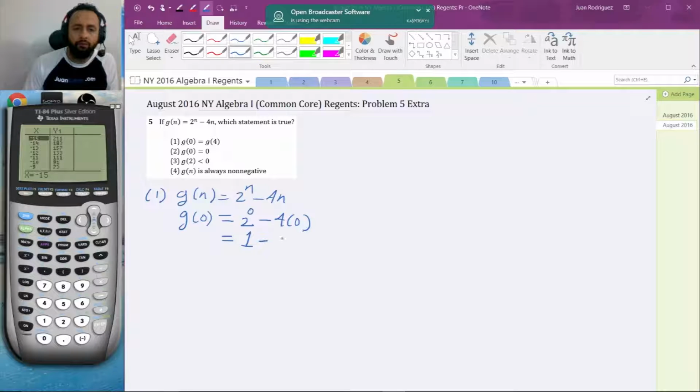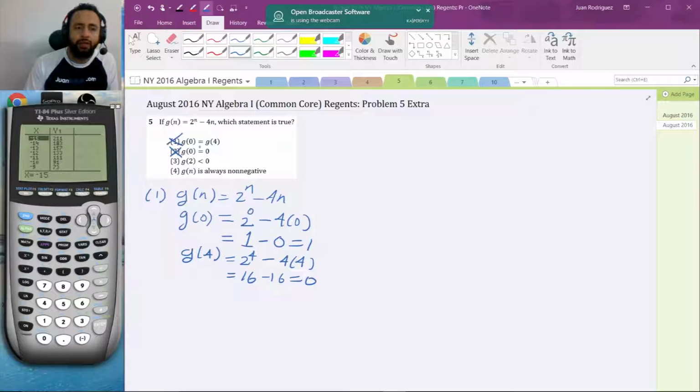Minus 4 times 0 is 0, so it is equal to 1. That actually already verifies that number 2 is wrong because g of 0 is not 0. And g of 4 is equal to 2 to the 4th power minus 4 times 4, which is equal to 16 minus 16, which is equal to 0.